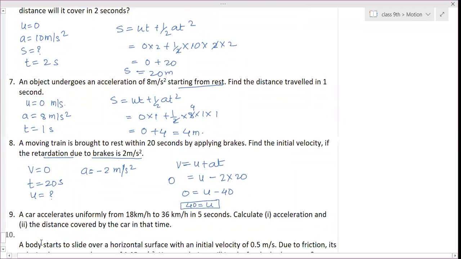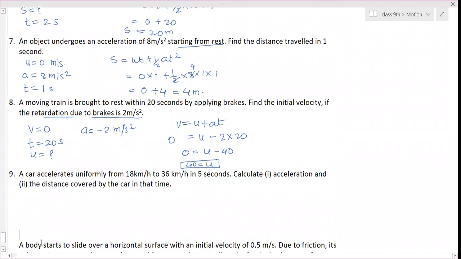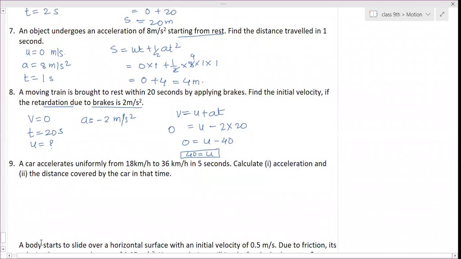The next question. Ma'am, does a equal 1 meter per second square? A value is 20 minus 10, 10. No, it's not 1. Wait, 5 and 10. It's right. Okay, ma'am, is the distance 37.5 meters? 57.5, let me check.